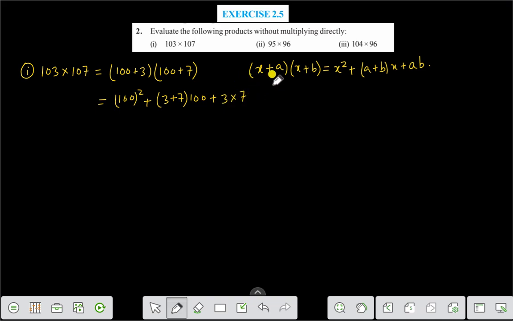Here we have taken x equal to 100, a equal to 3, b equal to 7.